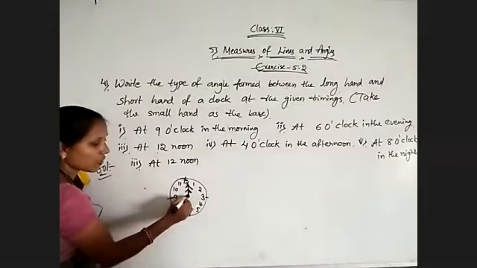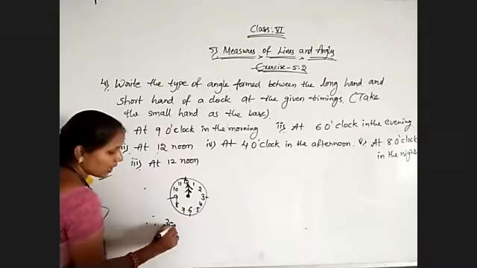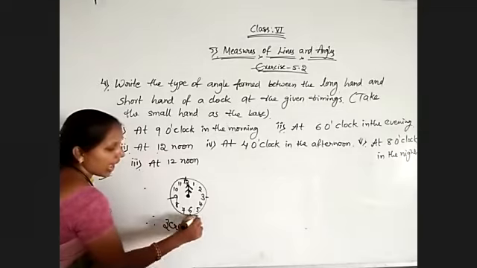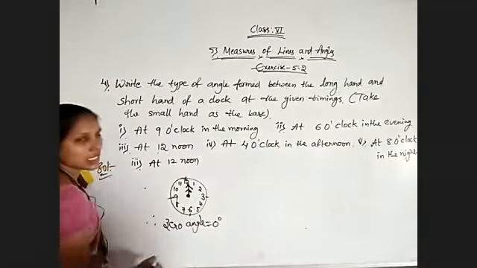So they are not forming any angle between them. Therefore, at 12 noon, zero angle is formed between the hands of the clock. Zero angle, that is equal to a measure of 0 degrees.